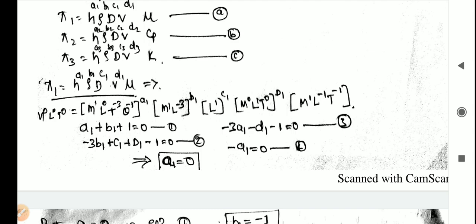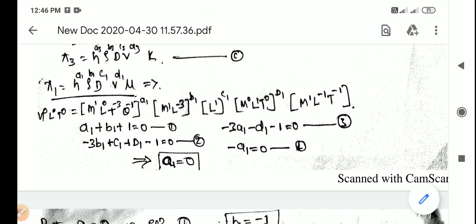So in the power a1 is there, so a1. Second term also M is there, right? So b1. And third term is not there, fourth term it's 0, it's not there, and the last term M is there, so plus 1. Here power term is not there, so plus 1, which is equal to 0. Put it as equation 1.